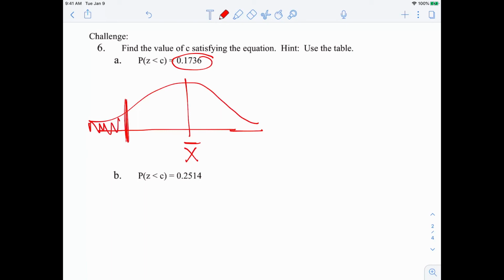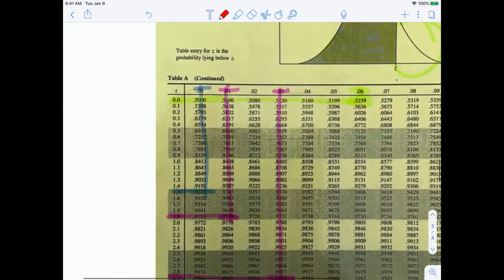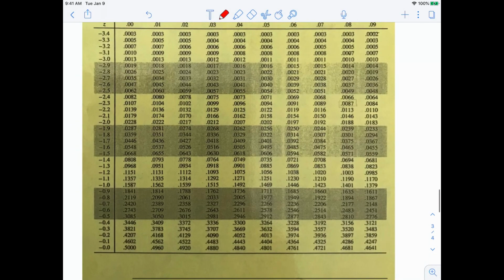So this area right here is 0.1736. I'm looking for this z-score, this cutoff value, as we call it. So we're looking for whatever that value is. I know that it's going to be negative because it is below the mean. So when I'm using the table, that helps me limit where I'm looking because I know that I'm going to be looking at these negative values.